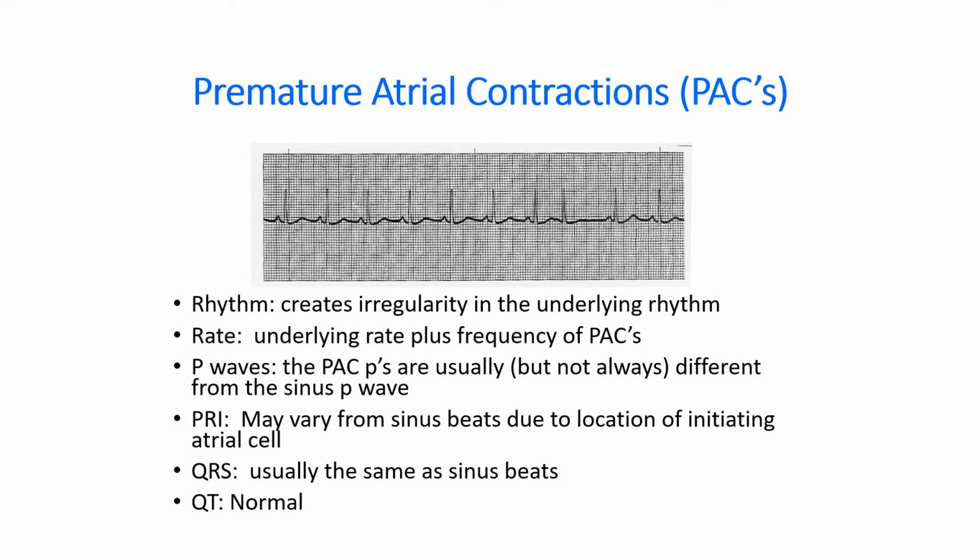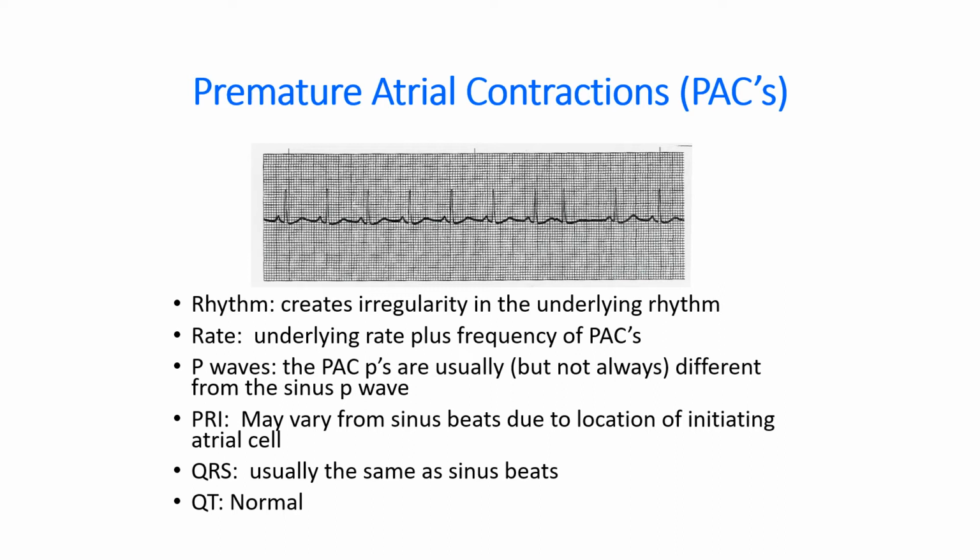So depending on how many PACs you have, if you just have one, you might have a regular rhythm, and then you have a premature beat that causes that area in the rhythm to be irregular, and then it may pick right up into a regular rhythm. And again, it depends on how many PACs you're having, whether it's going to look irregular or regular.